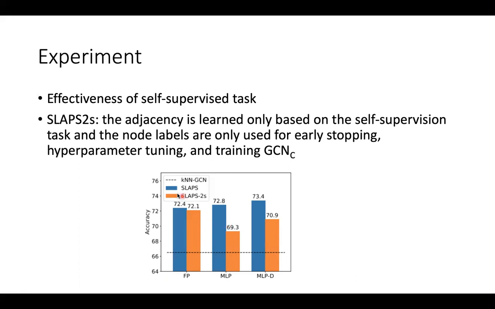So both the proposed method and also the variant of it can surpass the KNN-based baseline, where the graph structure is assumed to be fixed and not learnable, and the performance of this adjacency matrix that is only from the self-supervision task, without utilizing the node labels, can already surpass this KNN-based GCN baseline. So this verifies the effectiveness of the self-supervised task.